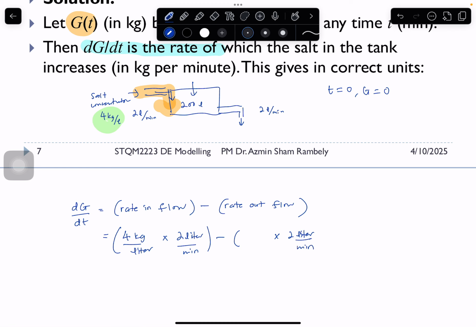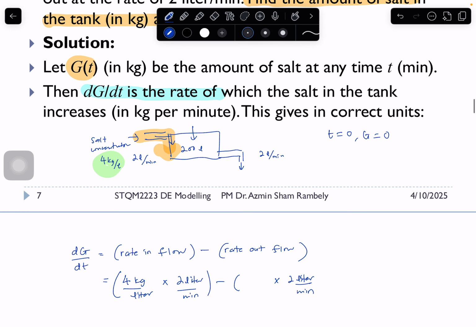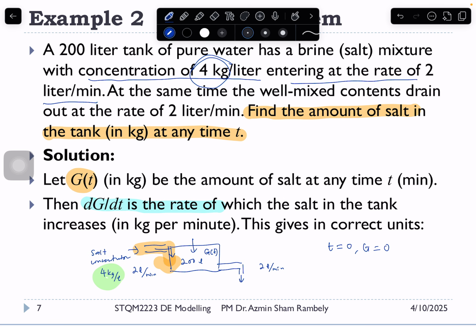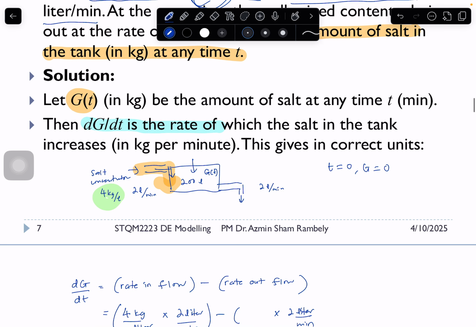And what is the amount of salt that is being drained out? Since the salt solution is what we put into the tank, we're going to call it G of T, the salt in the tank. We know it is 4 kilogram per liter that we put into the salt solution. So the amount is 4 over 200.